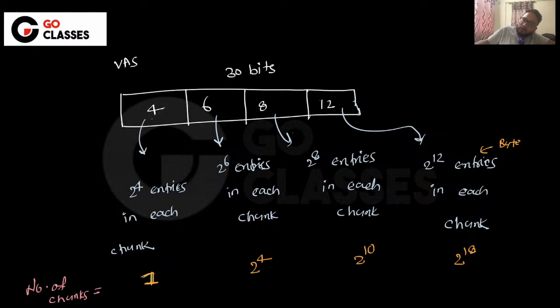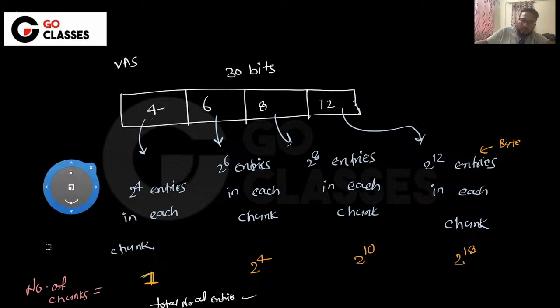If I need to find the total number of entries, you have to multiply these two numbers, because this is just the entries in one chunk, and then you multiply to find the total number of entries. So you can even find the total number of entries. That is just one aspect. I hope you understood this, right?